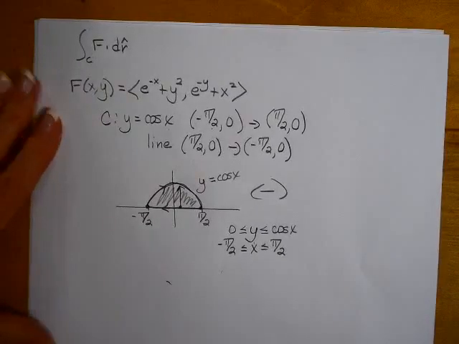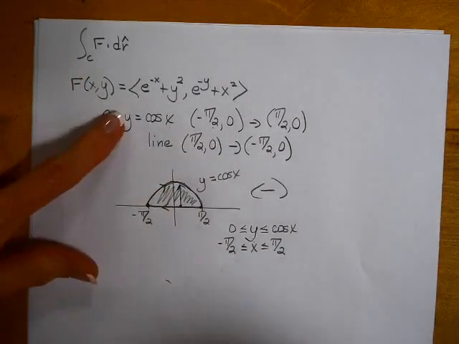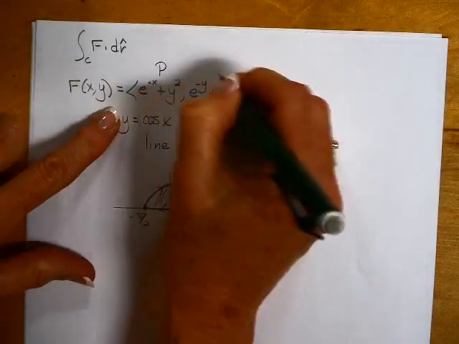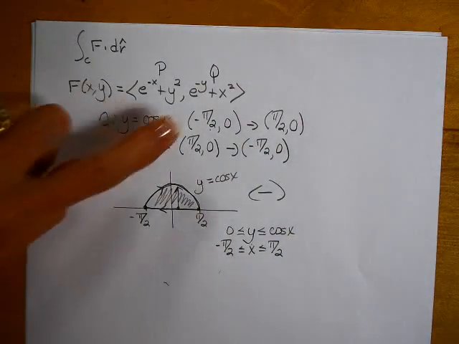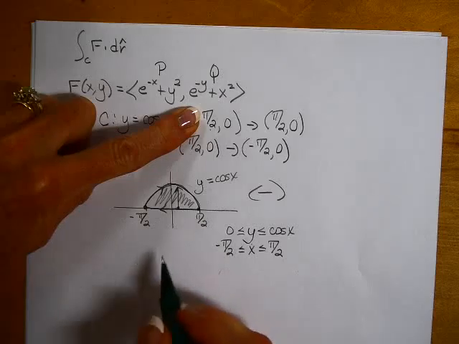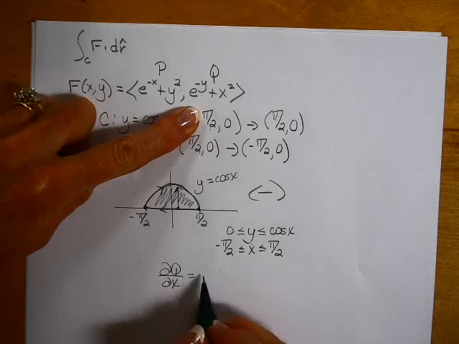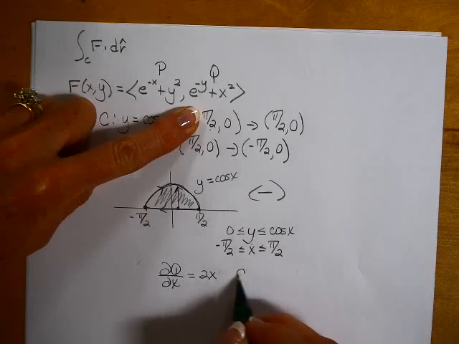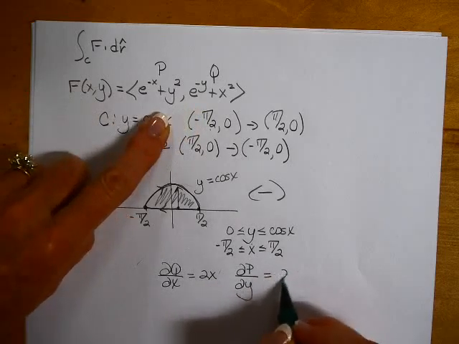All right, going back up here, this is F dot dr. But all you have to do is the P and Q thing, this is P, this would be Q. So take the partial of Q with respect to x, which is 2x. The partial of P with respect to y is 2y.